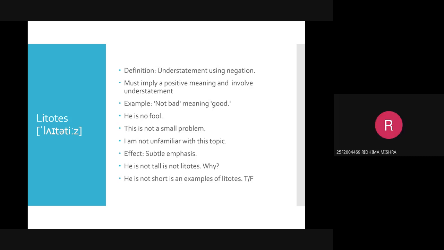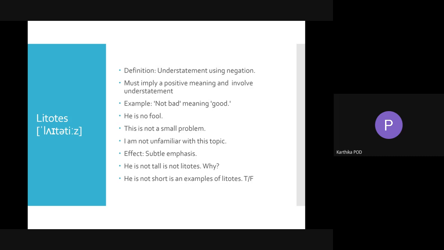No, ma'am, I think it is not litotes. Why? Same reason as above. He is not short means he is tall, right? Yes, ma'am. Which means it has a positive meaning. For litotes, the first condition is it should have negation.